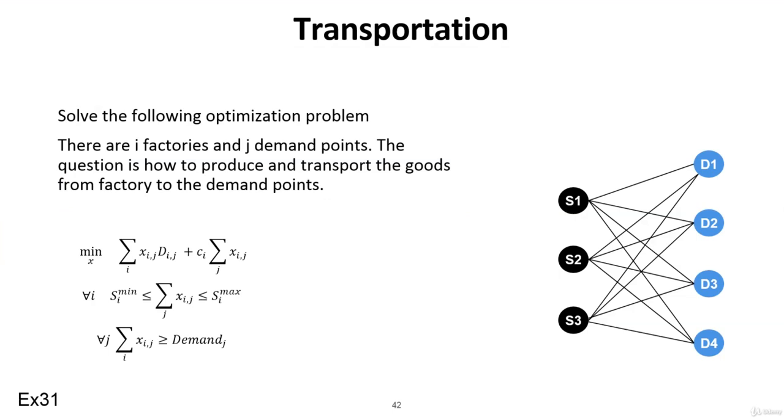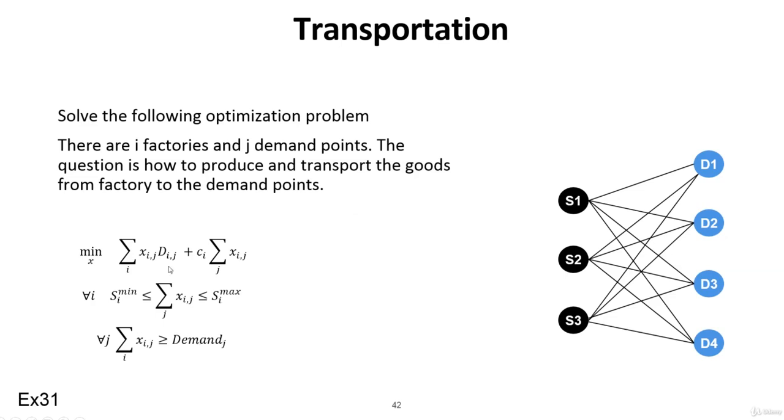Okay, this is a famous transportation problem. We have some factories on the left hand side, and these are the demand points, and we know the demand of each point and the capacity of each factory and the cost of production and the cost of transportation. So the question is, in order to satisfy the demand on the right hand side, how much each factory should produce, and from which route we should transport these products from the factories to the demand in order to satisfy all the constraints.